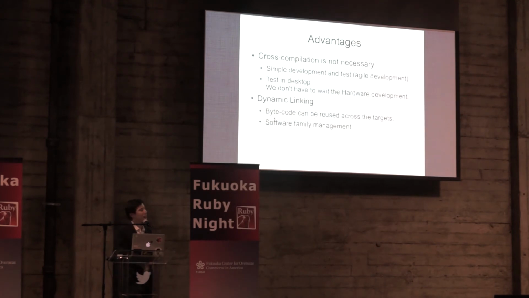The first advantage is this. Once Ruby code is written and implemented, we can deploy to several devices. The difference of the platform is no problem. So cross compilation is not necessary. Usually, development for embedded systems needs a cross compilation environment. That environment is very complex and sometimes injects bugs.